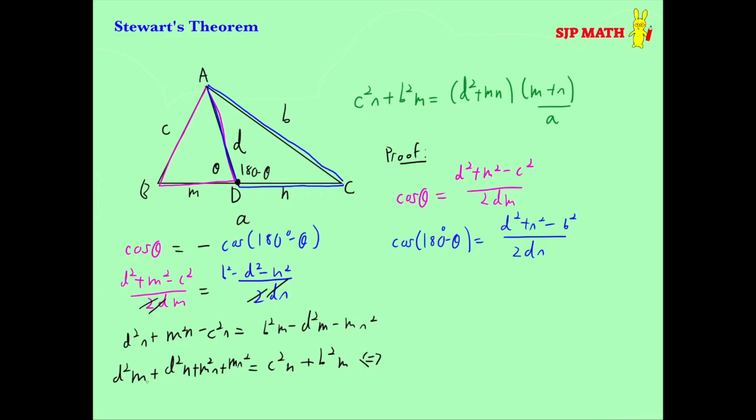Then we can factorize out the m plus n. This will be d squared times m plus n, and then mn times m plus n. So we can factorize it to be d squared plus mn times m plus n, which is equal to c squared n plus b squared m. And there we go, we get our equation.